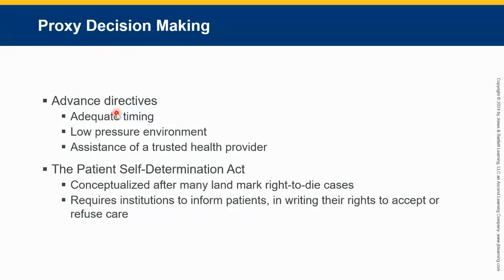So the spouse did a little bit better job with the proxy decision making than the children. And proxies who perceive a higher degree of family conflict within their family tended to be less accurate than those with lower family conflict. So this is true in both acute care and the primary care setting.